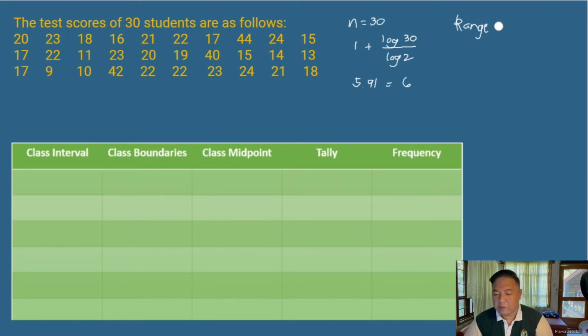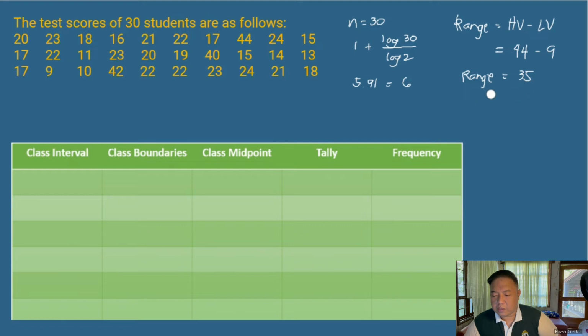Ano po ba yung highest value po natin dyan? Kung titingnan ninyo yung given, the highest value is 44. Very good. The lowest value is 9. Okay. So, the range, therefore, will be 35.